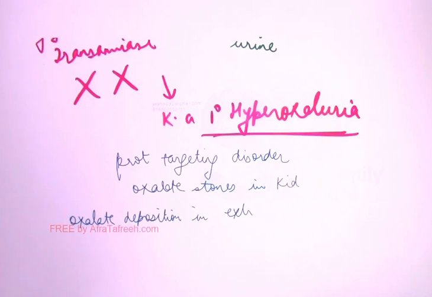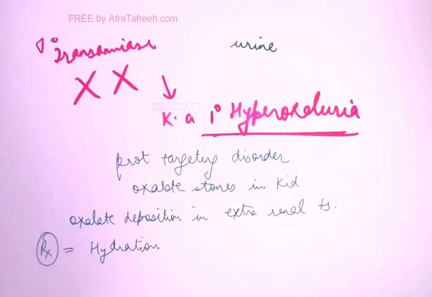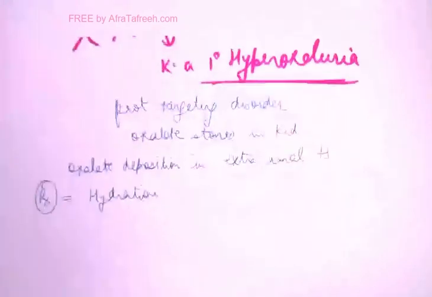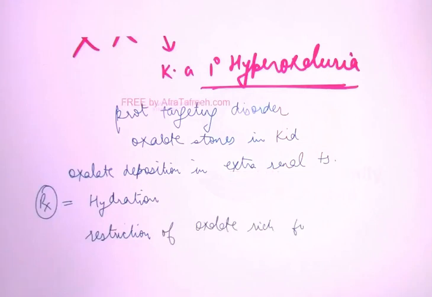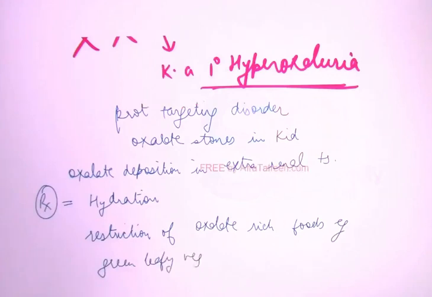And here the treatment given is hydration to prevent the formation of these oxalate stones, and there is restriction of oxalate rich food, for example green leafy vegetables, beetroot and tea, etc. Now this was the case of primary hyperoxaluria.